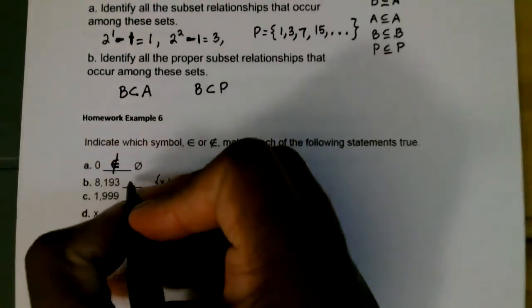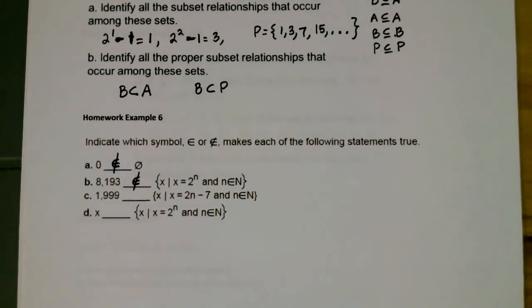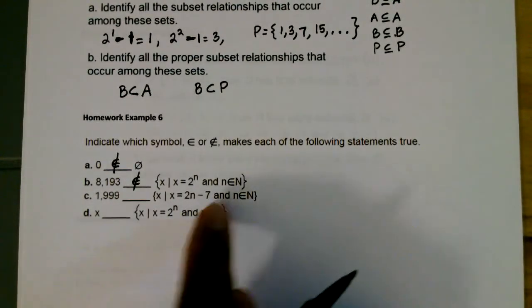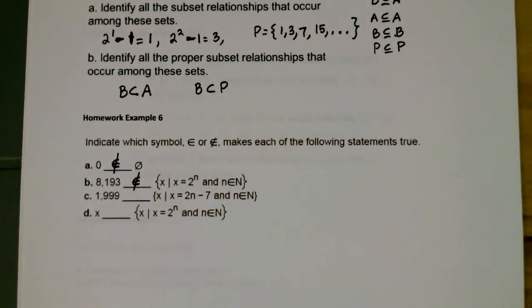So that means here, 8,193 cannot be an element of this set. And let's see, 1,999, compare that with the set of all x such that x is equal to 2n minus 7. N is the set of natural numbers here.